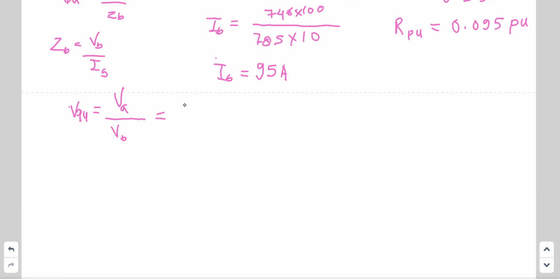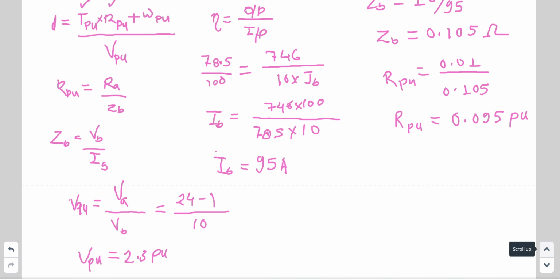What is the V actual value? 24 volt source voltage minus 1 volt drop across the devices, divided by V base, which is 10. So V per unit will be 2.3 per unit.